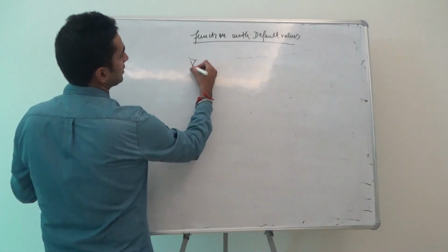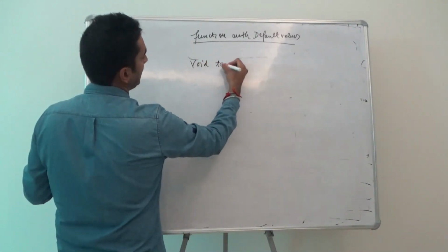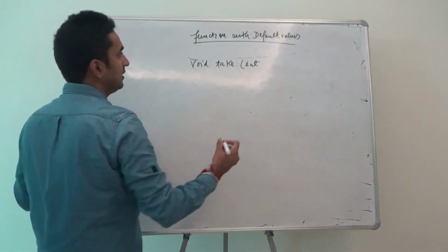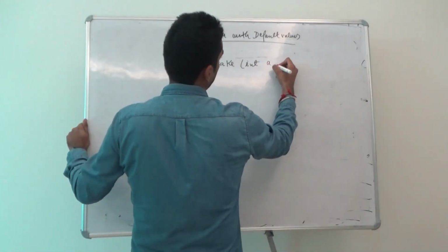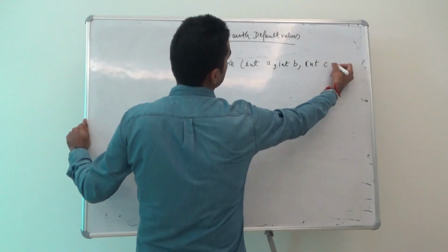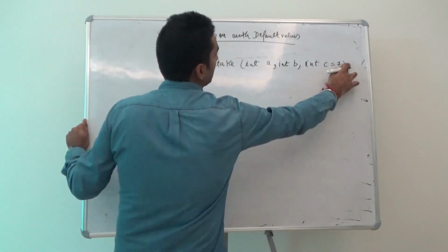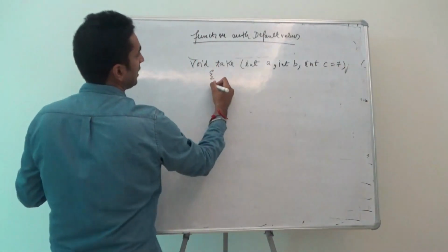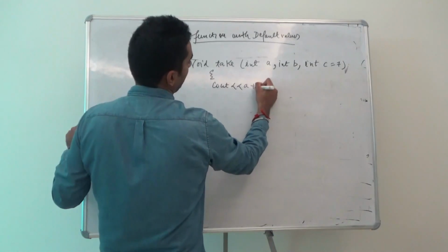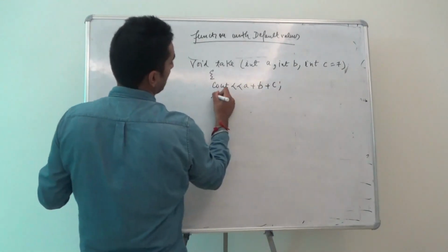Let's say we have a function definition as void take, and I'm writing int a, int b, int c is equal to 7. Let's say this is a function definition and I'm printing a plus b plus c.